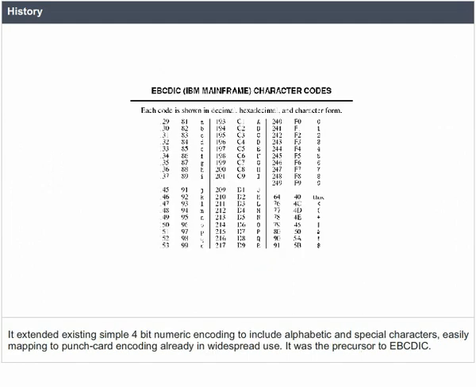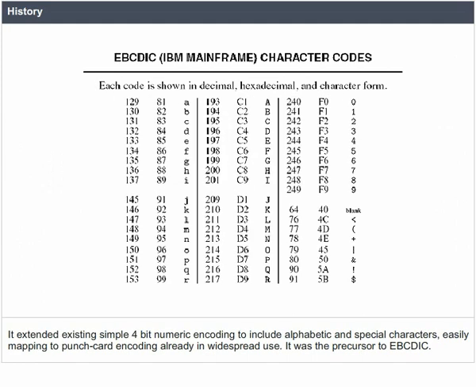It extended existing simple 4-bit numeric encoding to include alphabetic and special characters, easily mapping to punch card encoding already in widespread use. It was a precursor to EBCDIC.